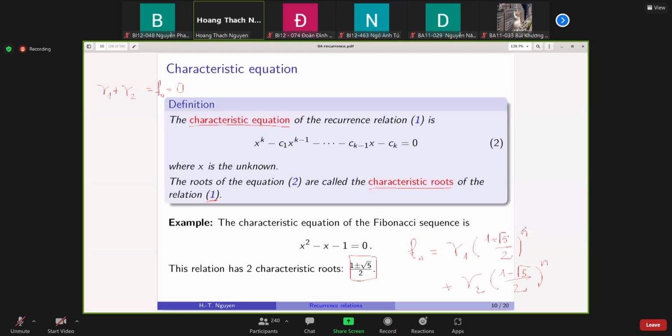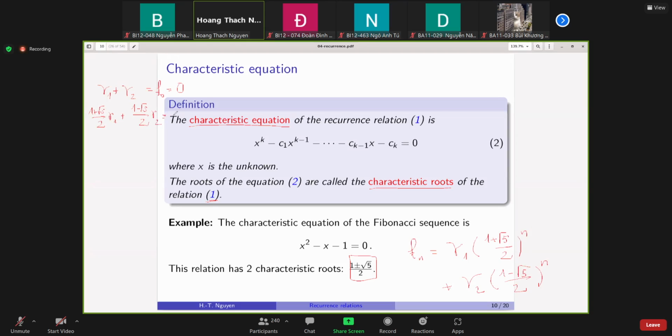And if you let n be 1, then you have (1 plus square root of 5)/2 gamma 1 plus (1 minus square root of 5)/2 gamma 2.